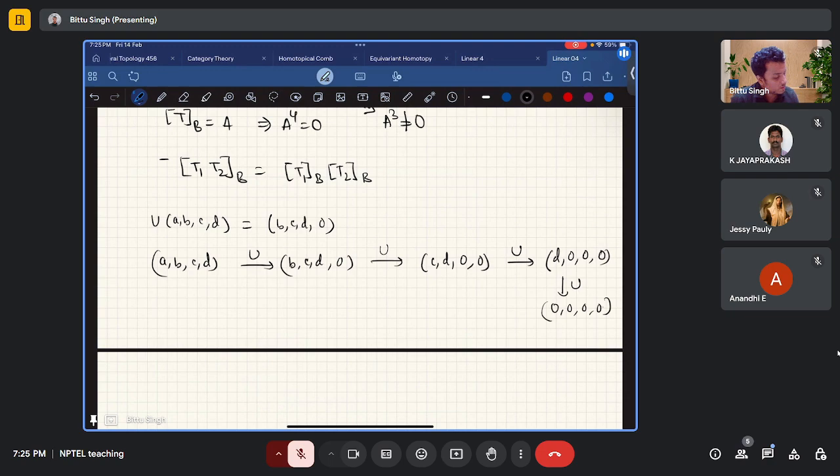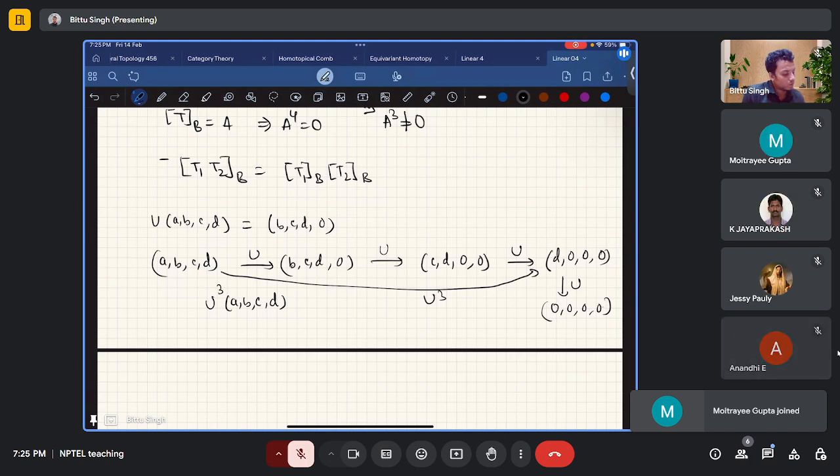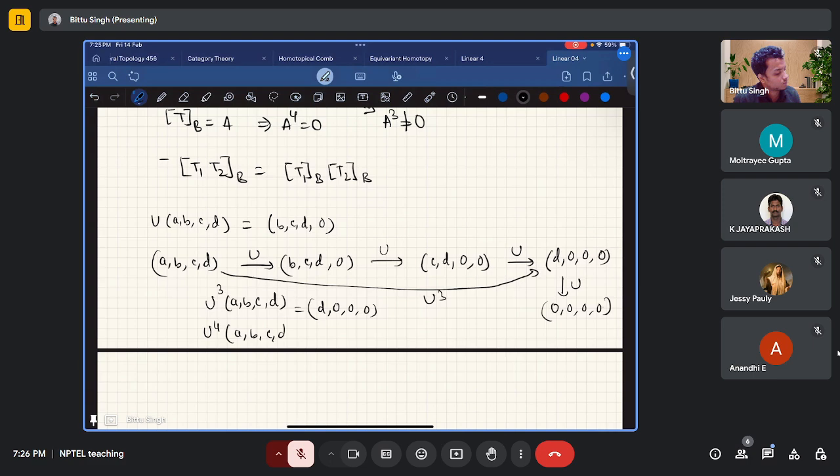So U cube gives us (D, 0, 0, 0), and U to the power 4 of (A, B, C, D) is actually 0 for all A, B, C, D.